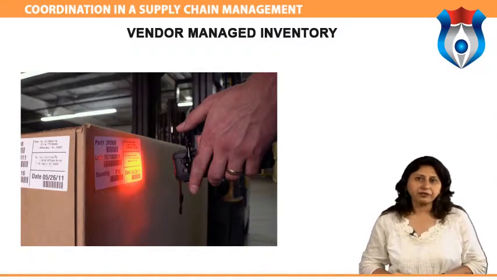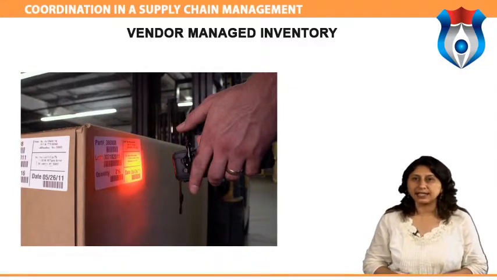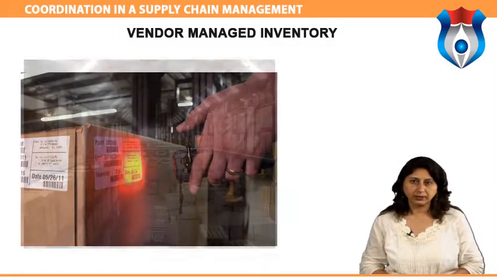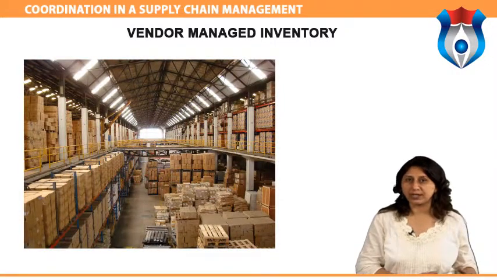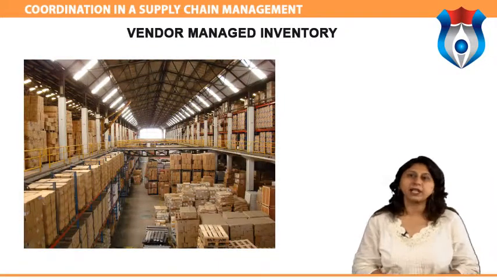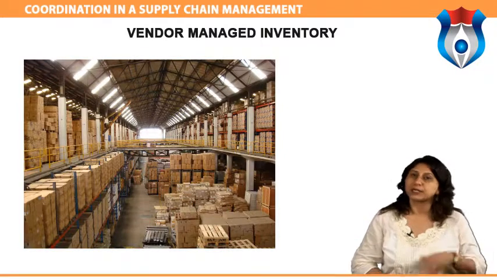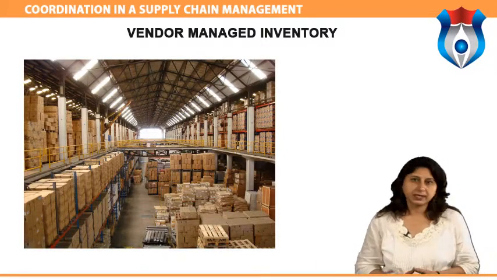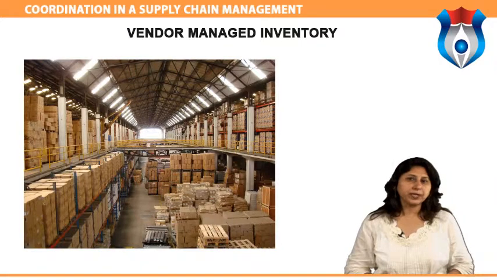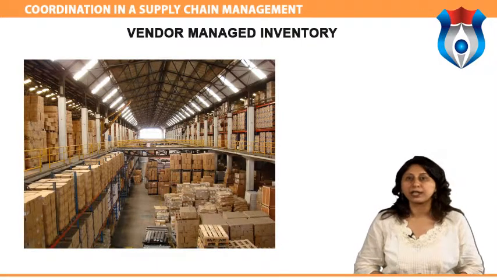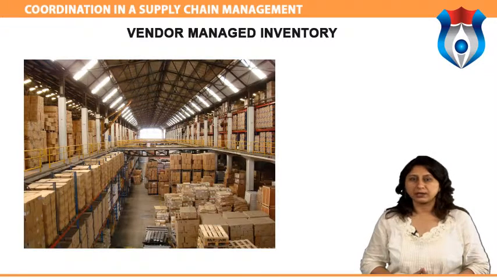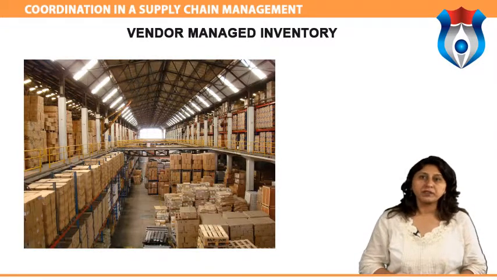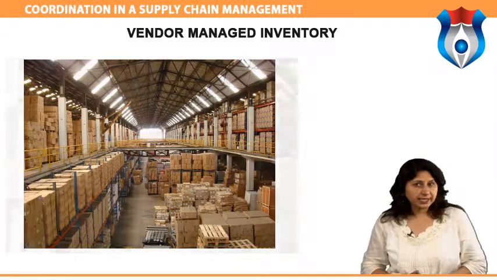The manufacturer reviews this information and decides when it is appropriate to generate a purchase order. The goal of VMI is to align business objectives and streamline supply chain operations for both suppliers and their customers. The business value is a direct result of increased information flow. Improved inventory turns, improved service, increased sales.